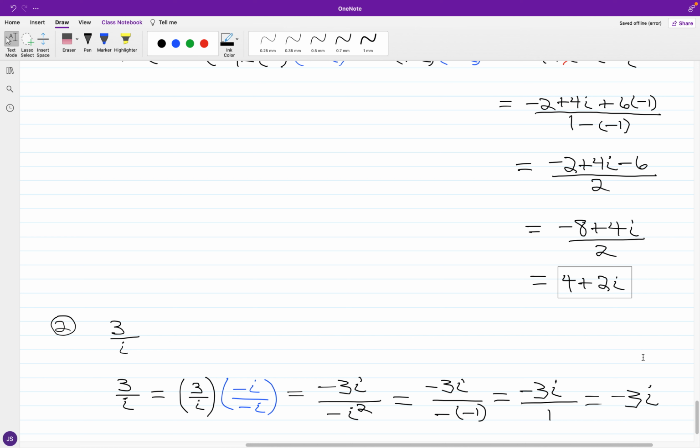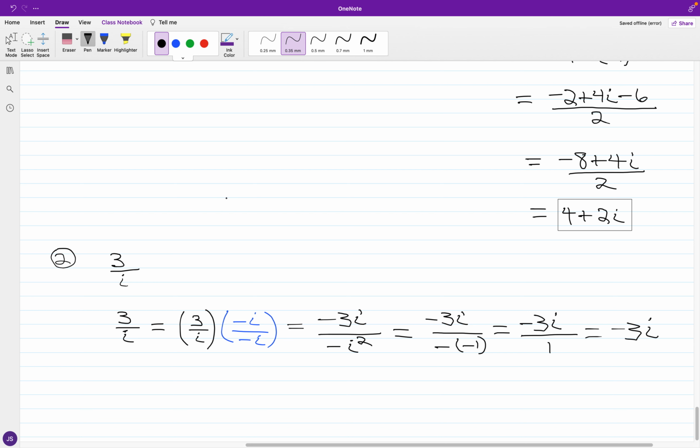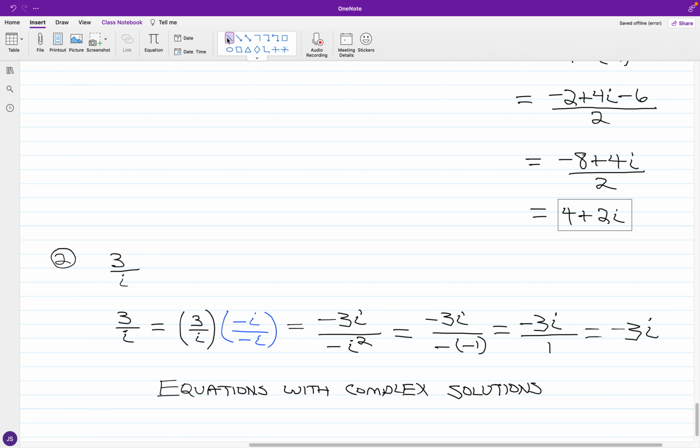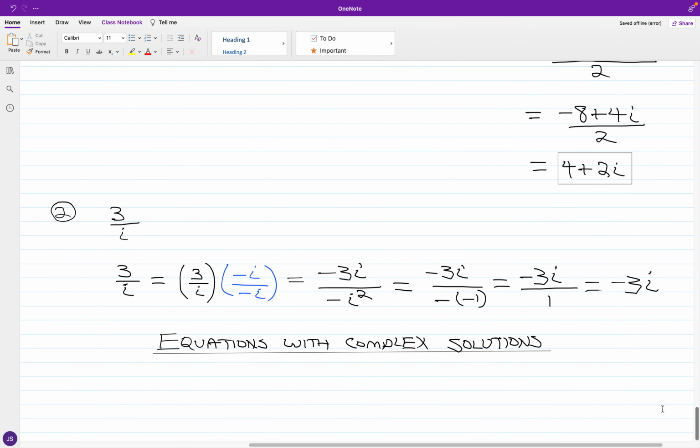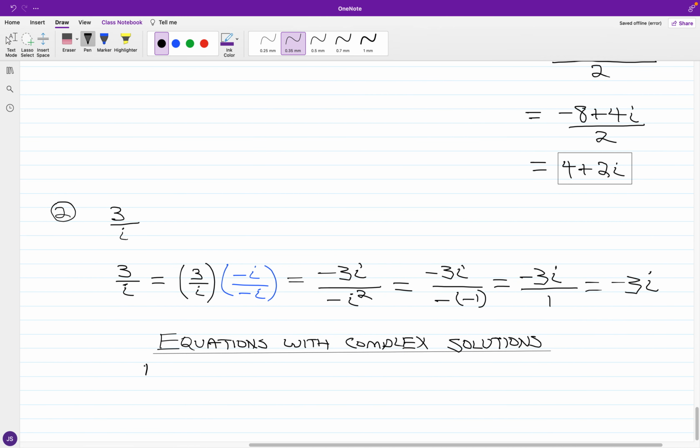For just samples of what we have here, with equations that consist of complex solutions, I'll give you a few quick samples.